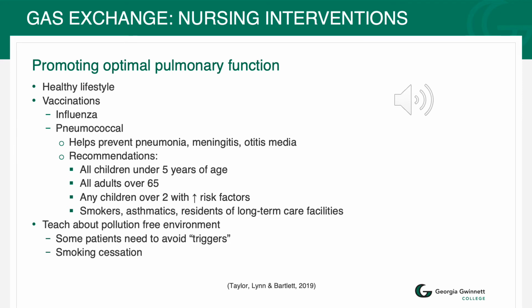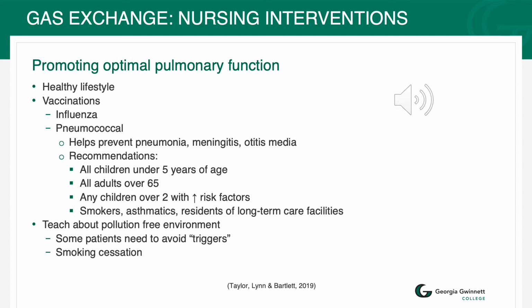So this slide dives a little bit deeper into those bullets from the previous slide on how you as a nurse are going to intervene or promote optimal pulmonary function to get your client to have optimal gas exchange. So the goal is optimal gas exchange, good oxygenation.